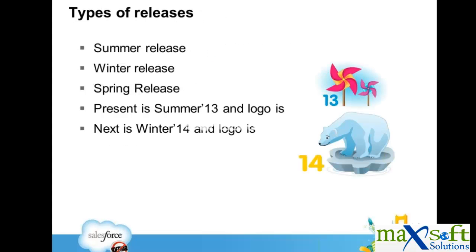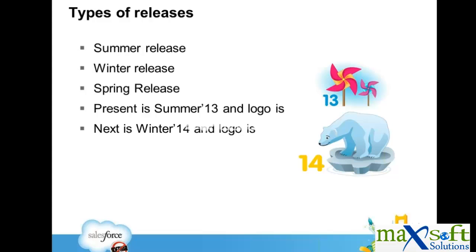Types of releases. Previously I said that if you use Java, after 1 year you have to upgrade Java, and for the upgrade you have to pay money to Oracle.